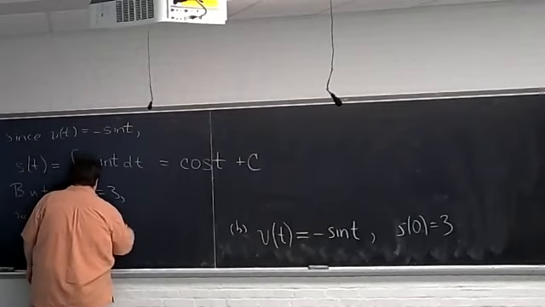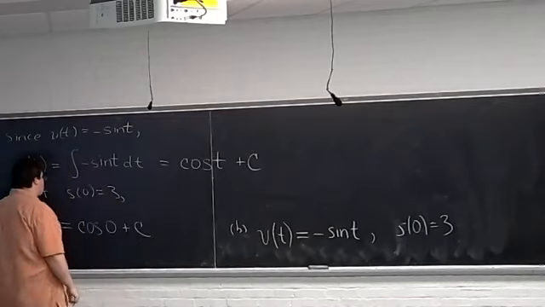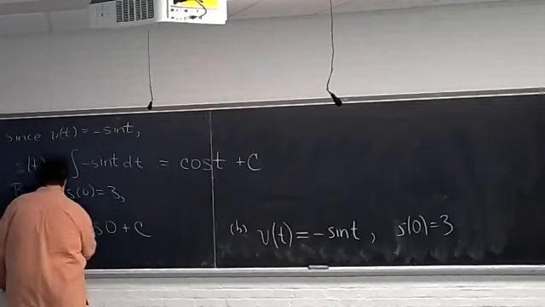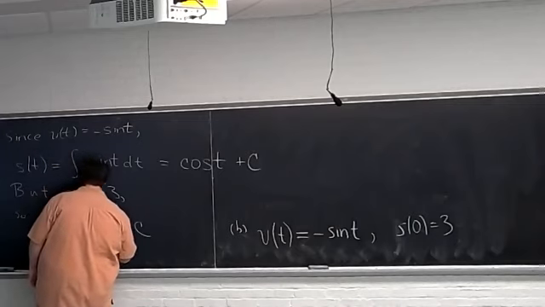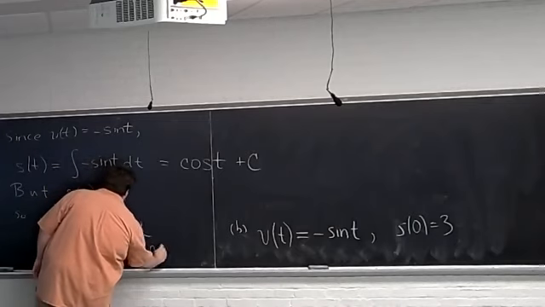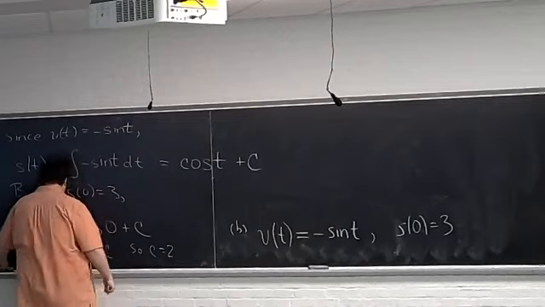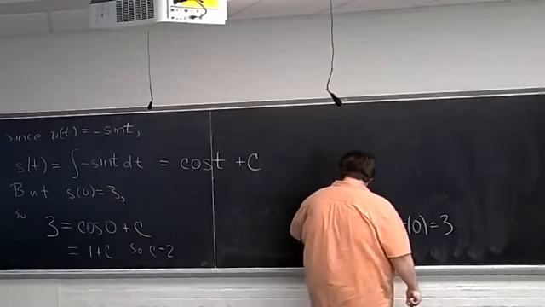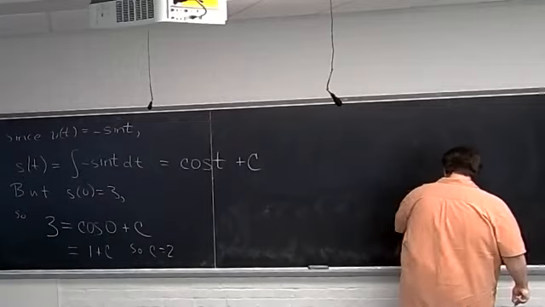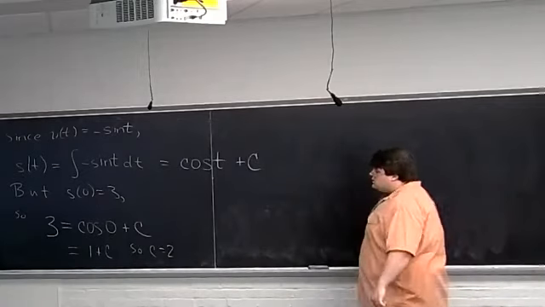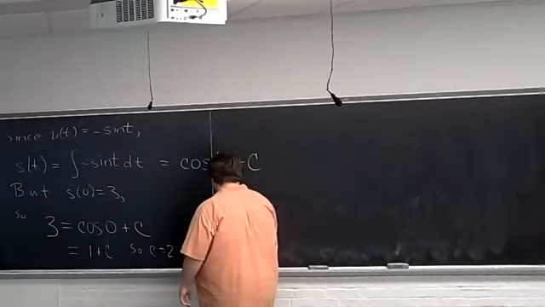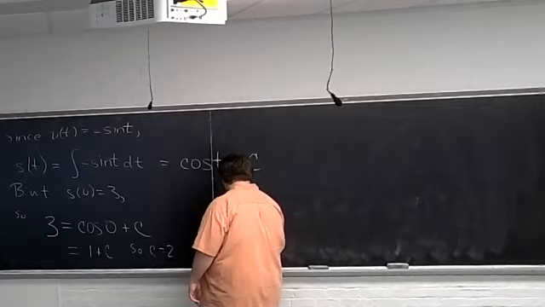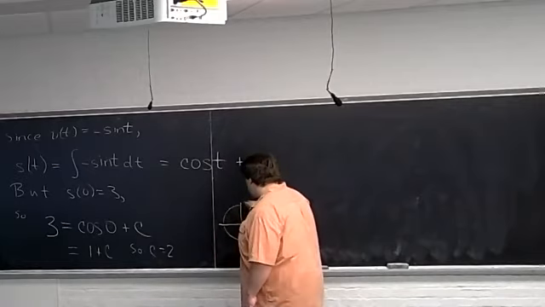Well, we get cosine of 0 plus c. What's cosine of 0? Cosine of 0 is 1. Why is cosine of 0 1? Well, you could either memorize it, do it 500 times until it becomes memorized, or you can go to the unit circle.